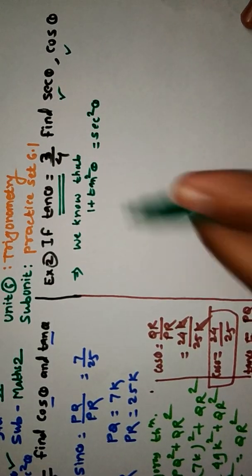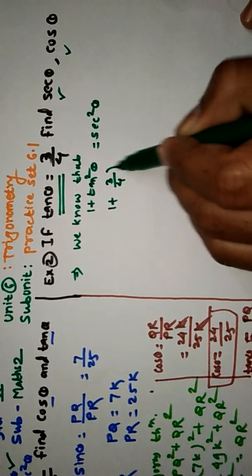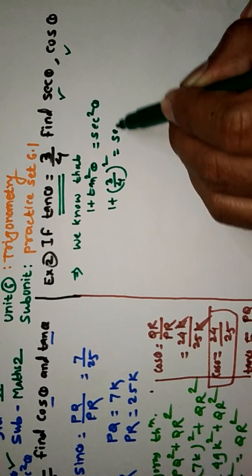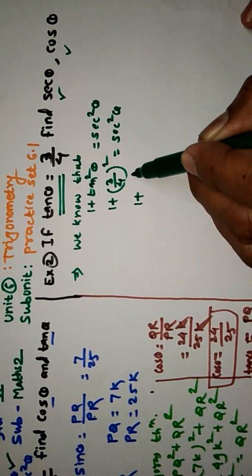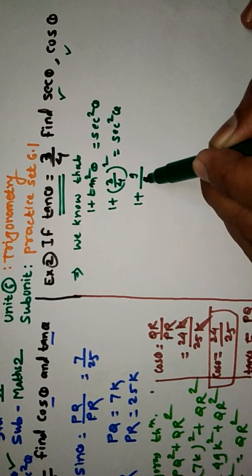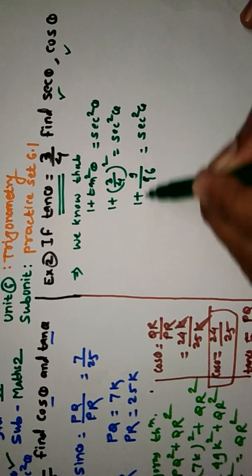Substitute the value of tan theta. 1 plus (3/4) square is equal to sec square theta. 1 plus 3 square means 9 over 4 square means 16 is equal to sec square theta.